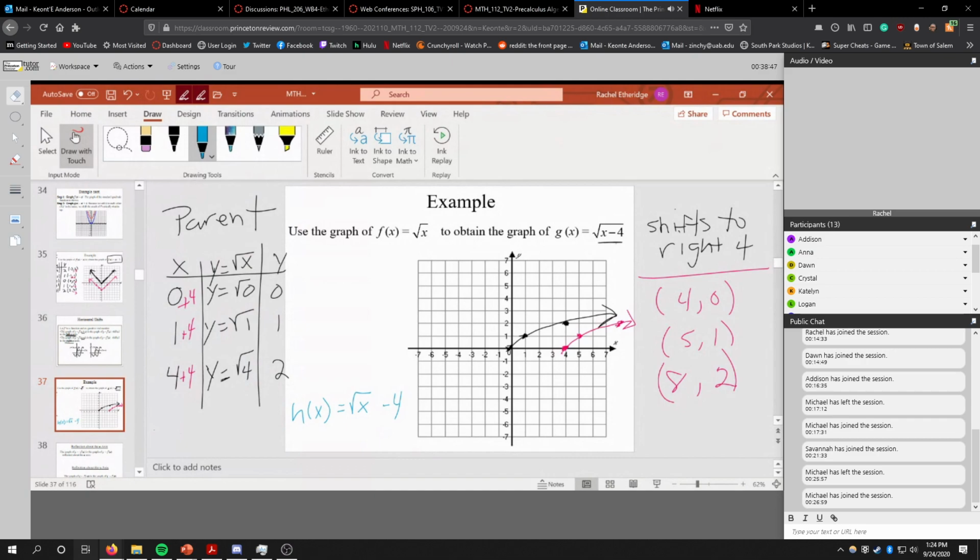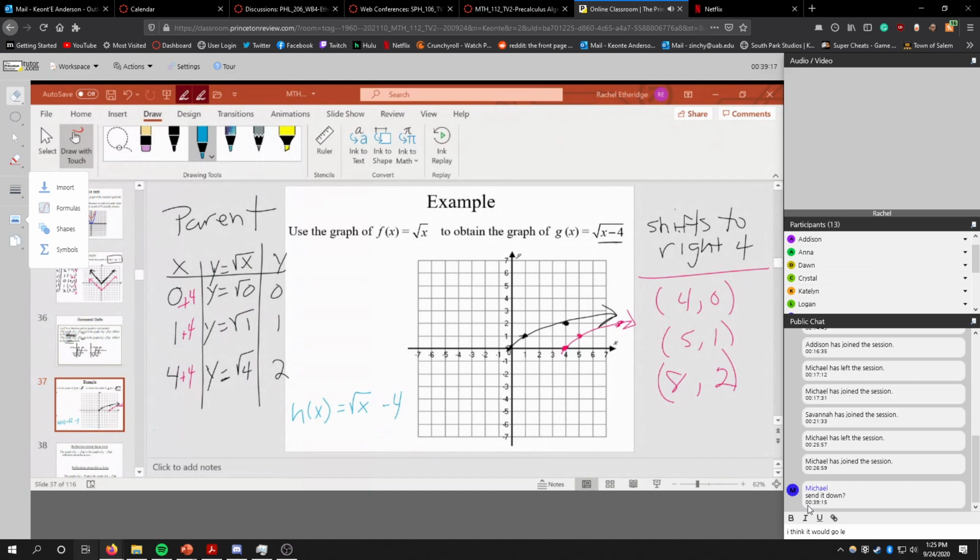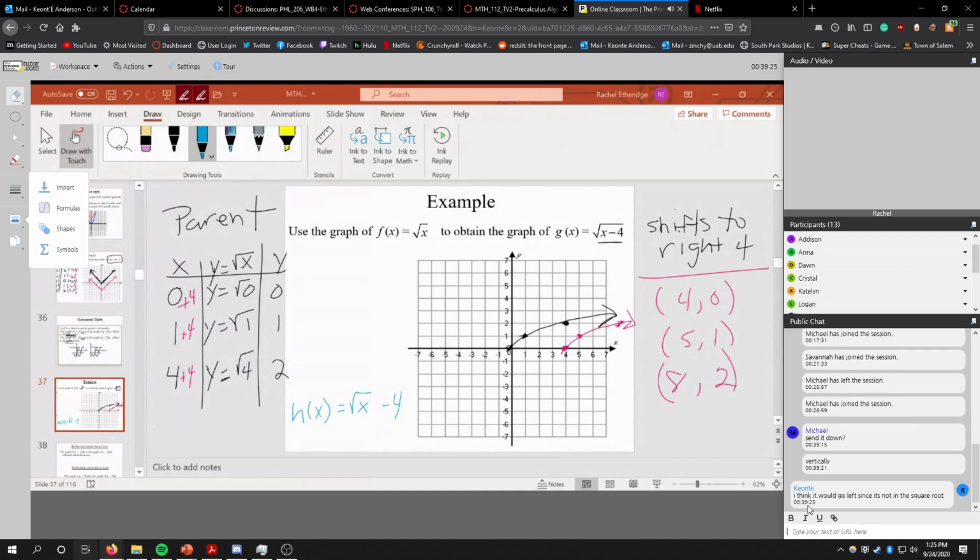Can somebody tell me, either unmute yourself or type it in the box, what would happen to that graph? You would start with the same parent graph, and then what would the -4 do in that problem? Is anyone there? Okay, I see a couple people typing. Good.